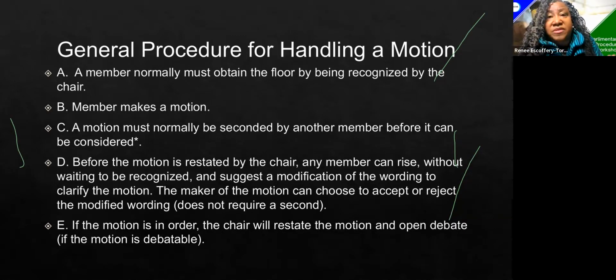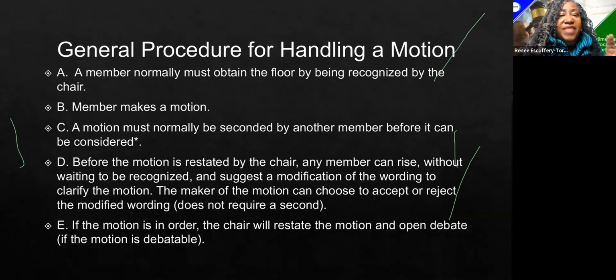That's why it's important for you to be as simple in your motions as possible. And if your motions are complex, it's a good idea to give that information to the chair so the chair can say, it has been moved and seconded that we do da, da, da, da, da, da. And they can read exactly what your words might be. Once that is restated by the chair, however, any member can rise. And this is a point that a lot of people don't realize.